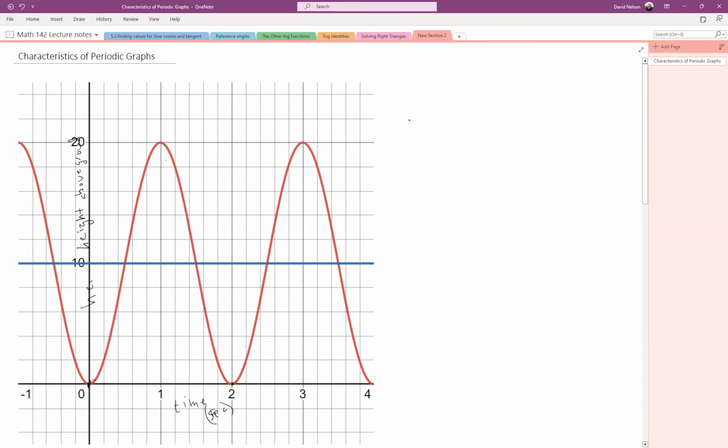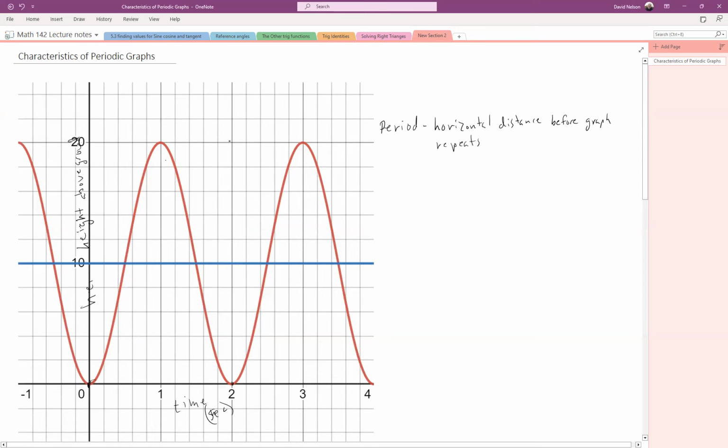So some of the terms that we typically deal with here are the period, which is the horizontal distance before the graph repeats.